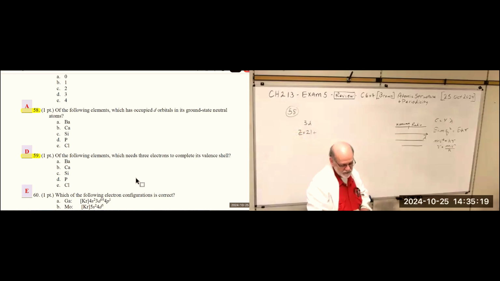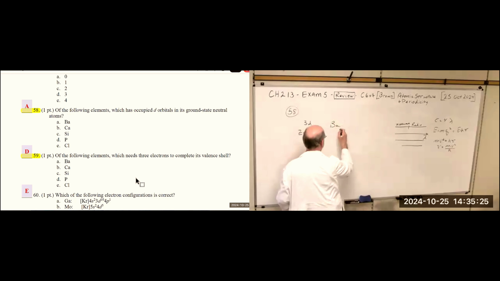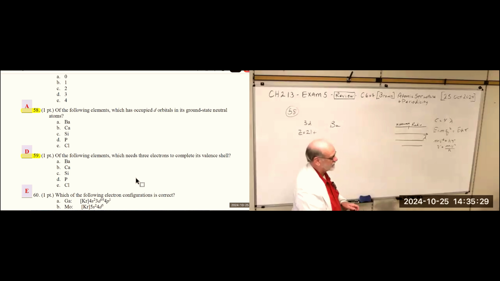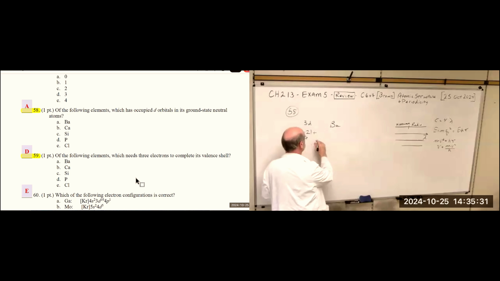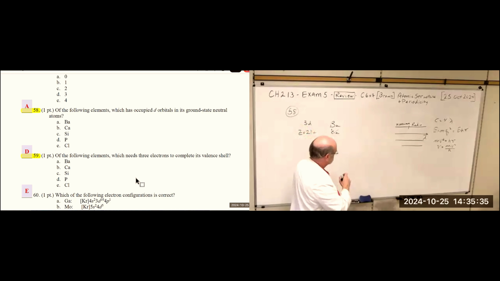Okay, so let's look at our possibilities. Barium, yeah, barium's 56. Barium works. It has electrons in d orbitals. Calcium, nope, calcium is just shy. Silicon has 14, right?